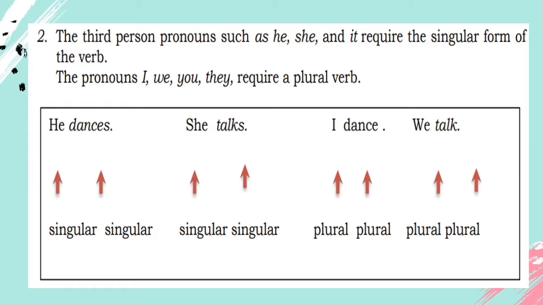She talks. I, plural, so it requires a plural verb. Remove the S. I dance. We, it requires a plural verb, so remove the S. We talk.